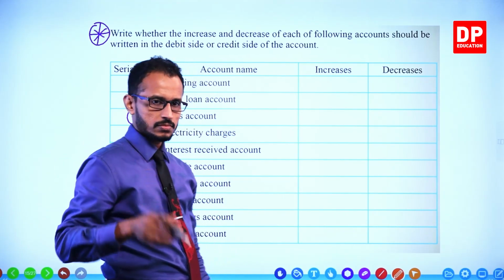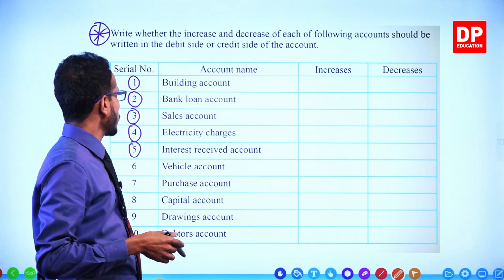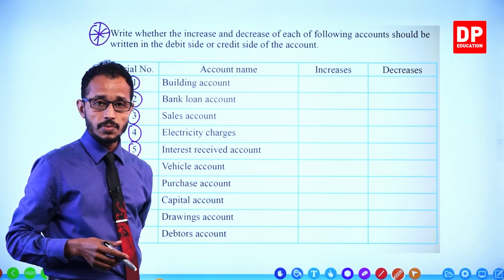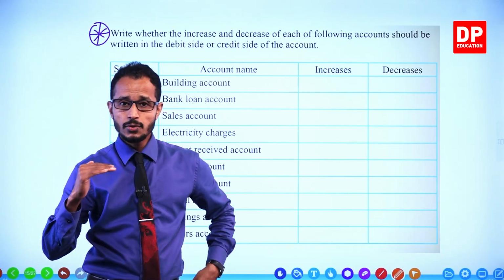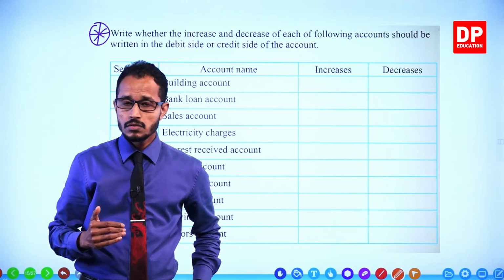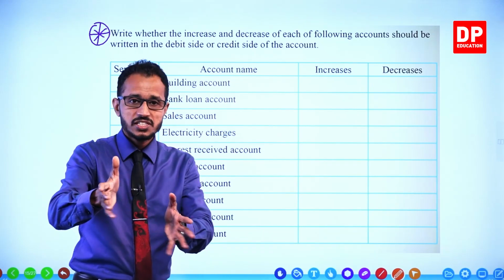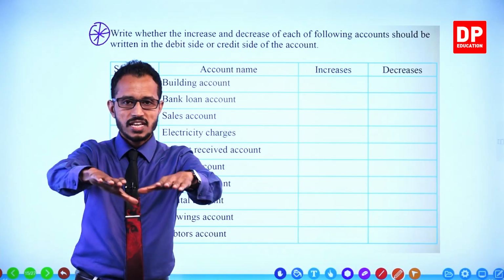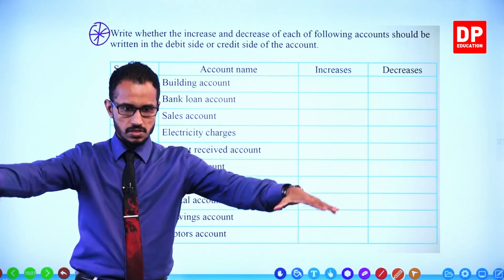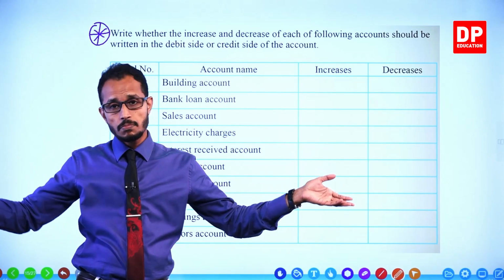Shall we do it? All right, together. First, we have the building account. When buildings increase in value, for example, if the business has purchased a new premises, land and a building, it's a big value.